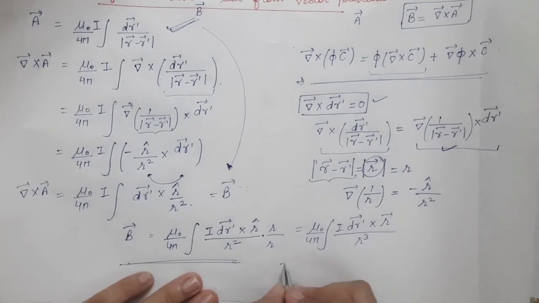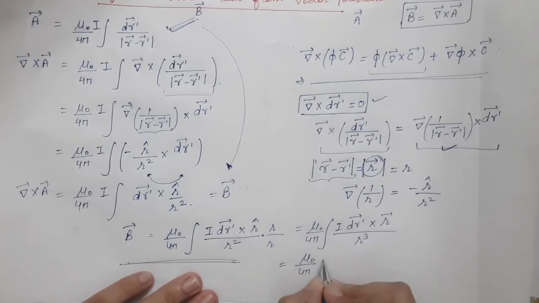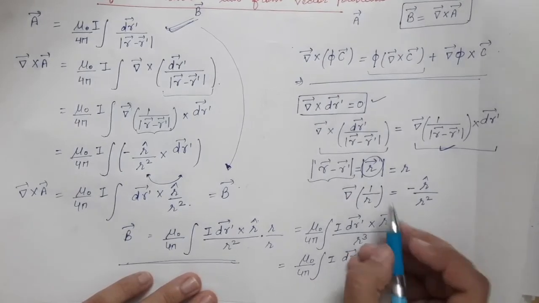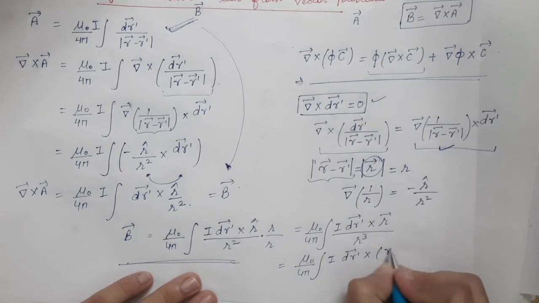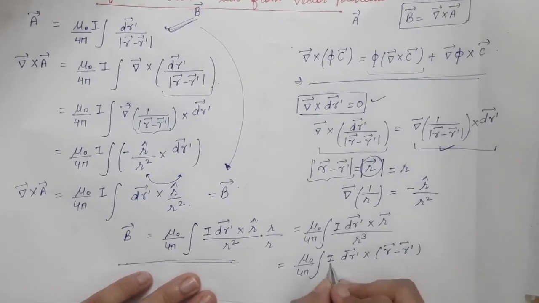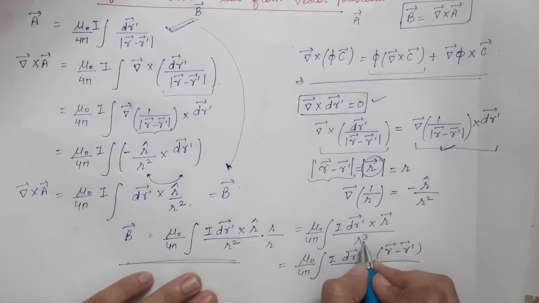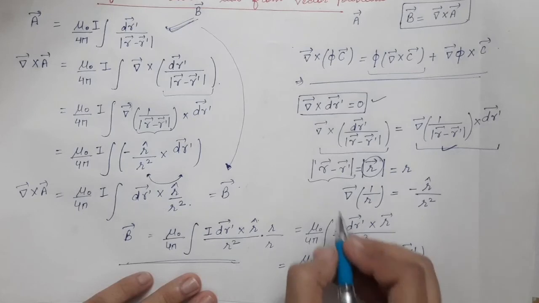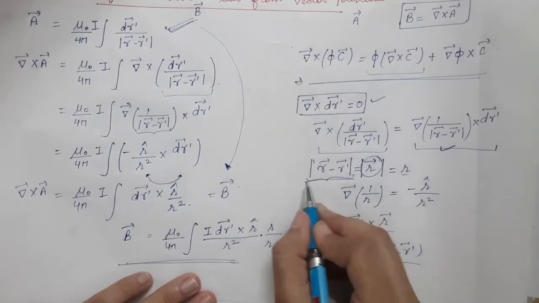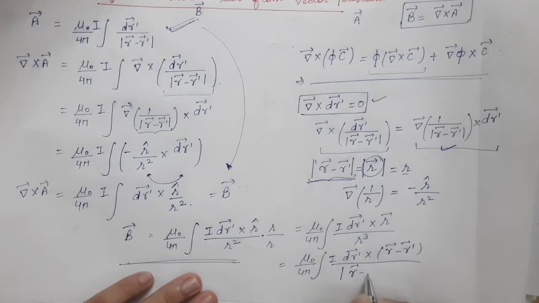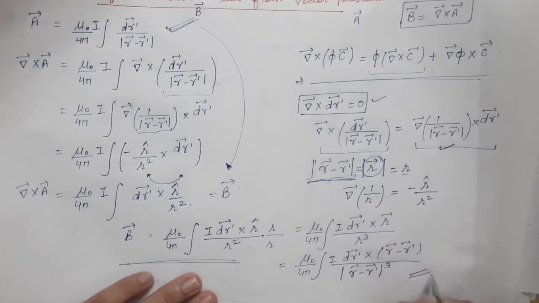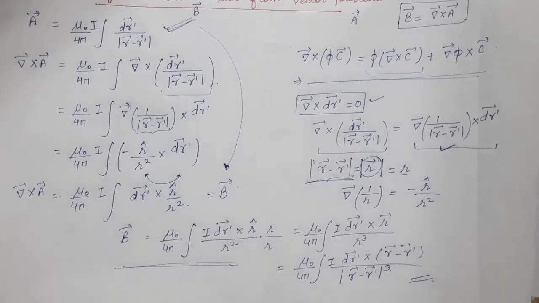So this can be written further as mu naught divided by 4 pi integration of I times dr prime vector cross product with curly r vector, and curly r vector is equal to r vector minus r prime vector, divided by the cube of the magnitude of curly r. So that can be written as magnitude of r vector minus r prime vector, and its cube. So we have derived the Biot Savart's law from the expression of vector potential.